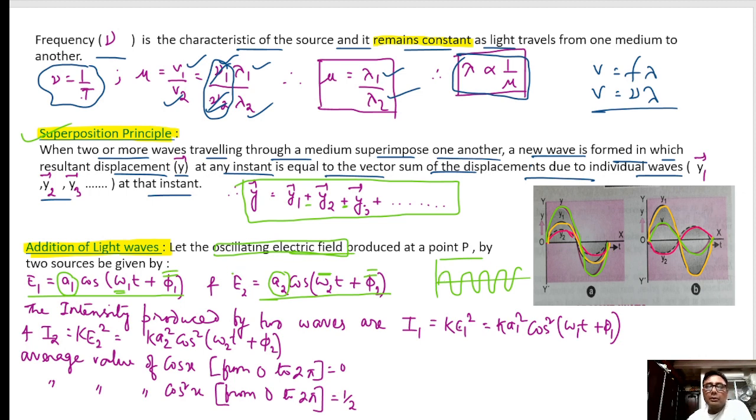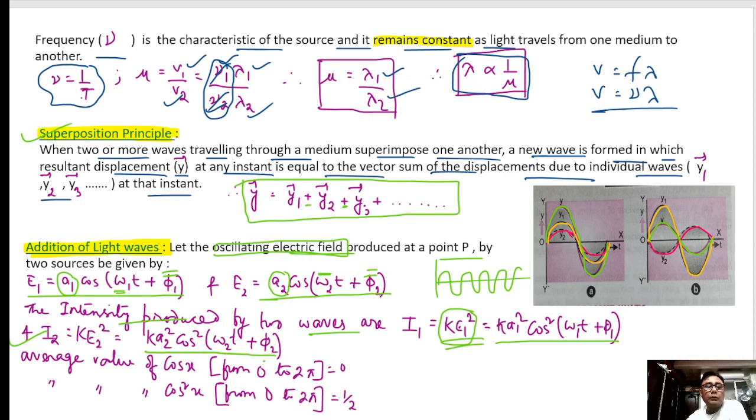Now we know the intensity of a wave is directly proportional to the square of the electric field. So we can write the intensity of the first wave as this, and similarly the intensity of the second wave will be this.